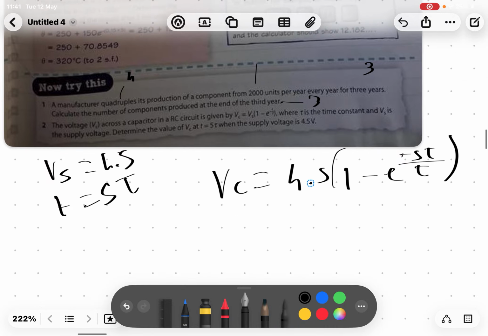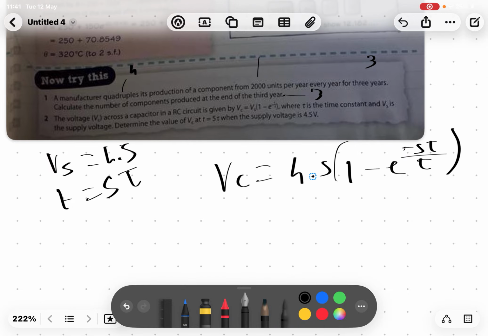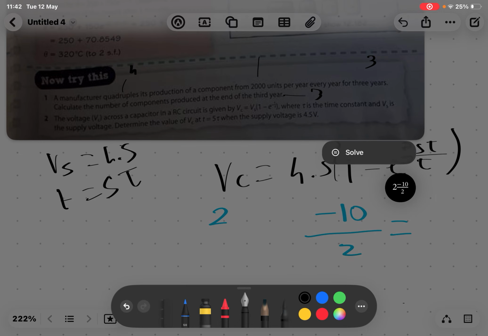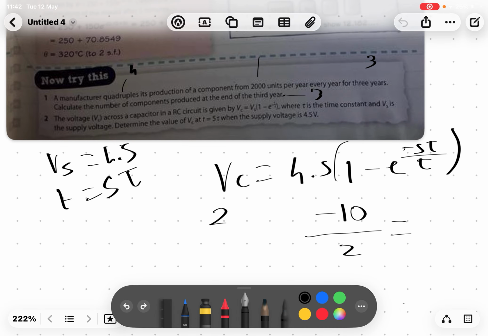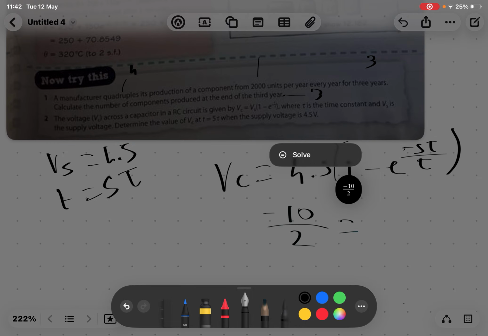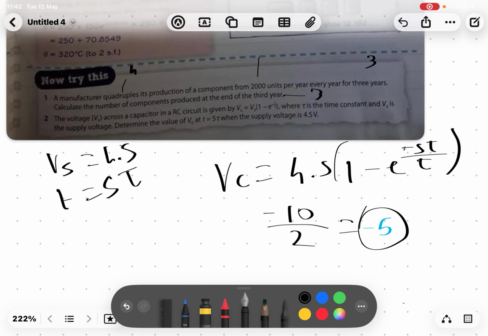And since, logically, let's say T equals 2, so let's put 5 T's, so negative 10 over 2. It will equal negative 5.